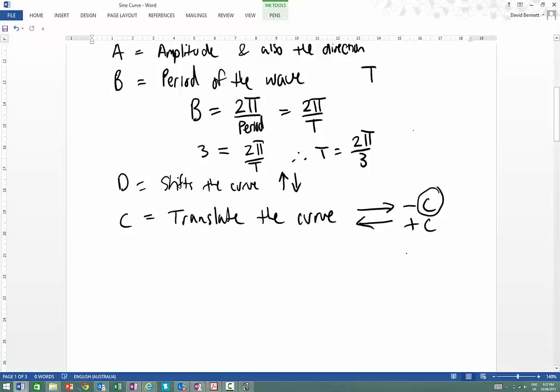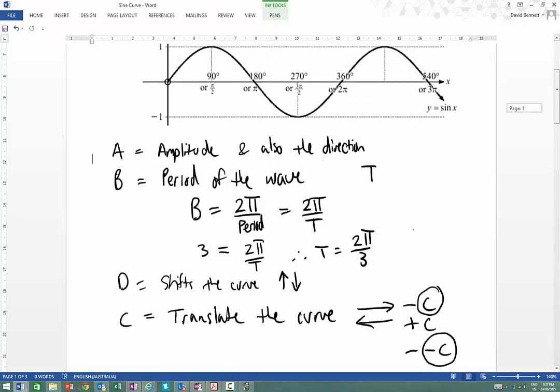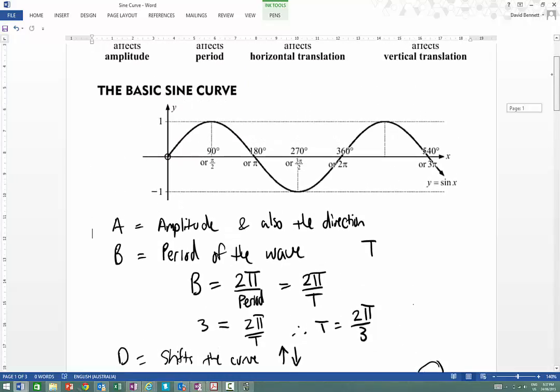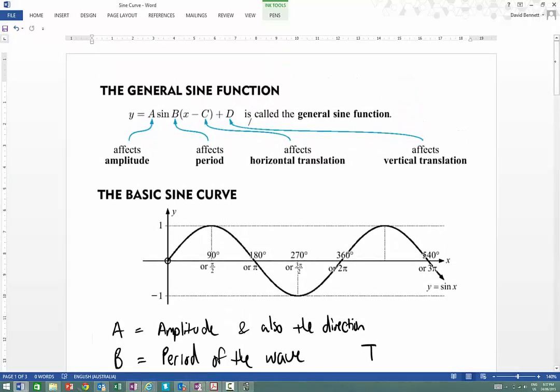To get a plus C there, it has to be take negative C. So if I have a negative C value, then it will translate it to the left. Now obviously one of the key things that we want you to be able to do is to model what a curve would look like and use this formula to do that. We'll be doing some more of that in class and certainly in the investigation. I hope you sort of get the concepts here. It's really important that you understand this stuff.